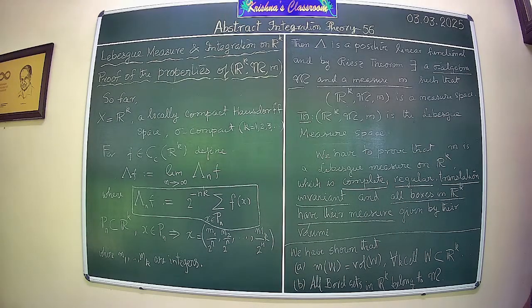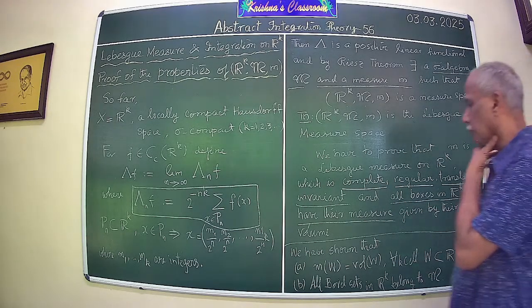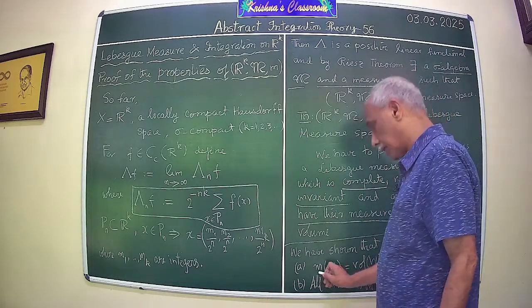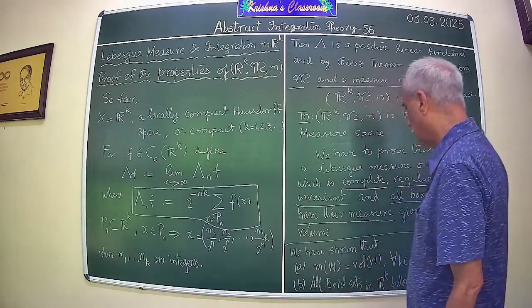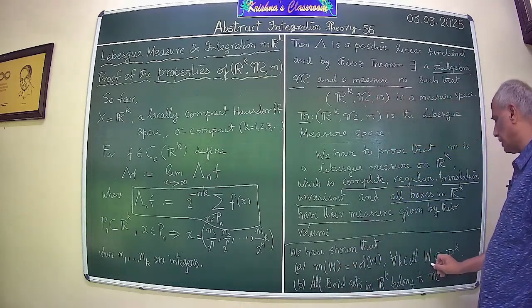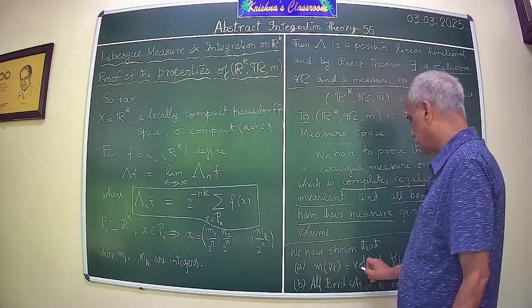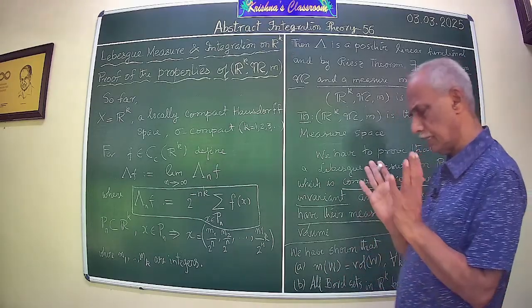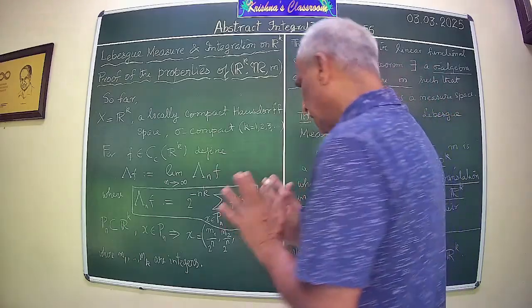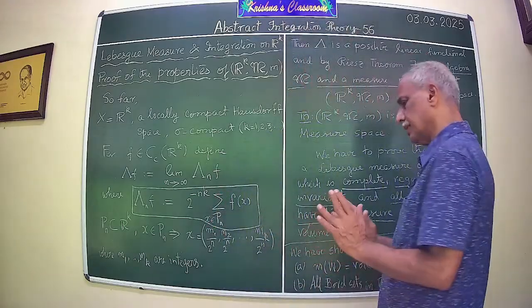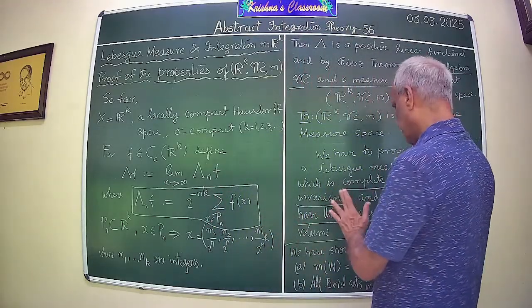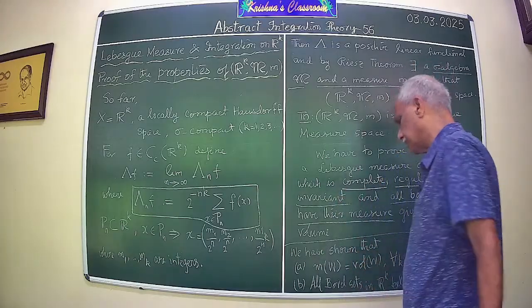So what have we proved? We have already shown that the measure of W for any k-cell W in R^k is the volume of W. That is the one that really fixes one of the basic properties of the measure.